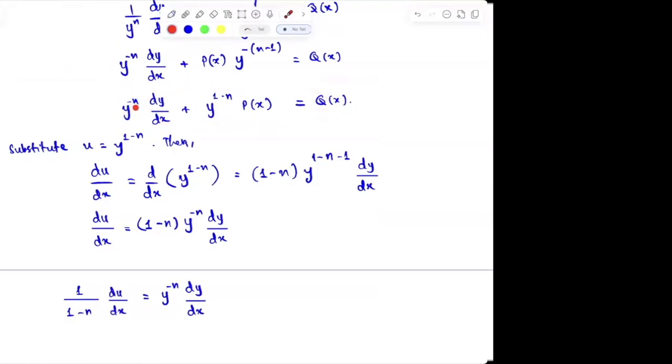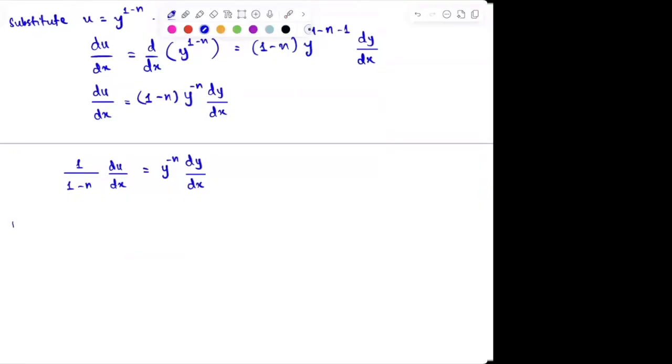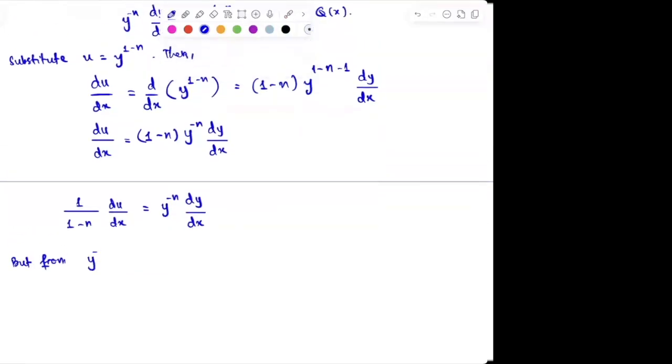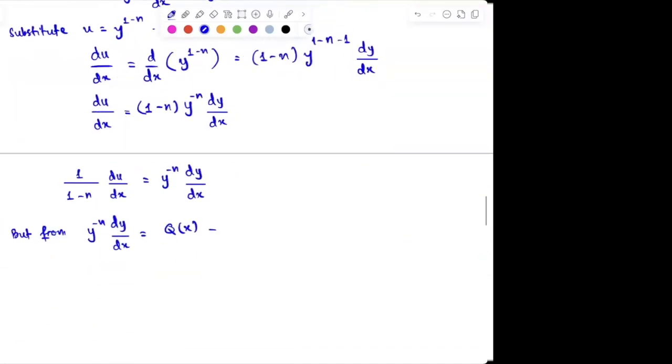So y to the power negative n times dy/dx is equal to q of x minus p of x times y to the power 1 minus n. So you substitute y to the power 1 minus n as u, and you have q of x minus p of x times u.